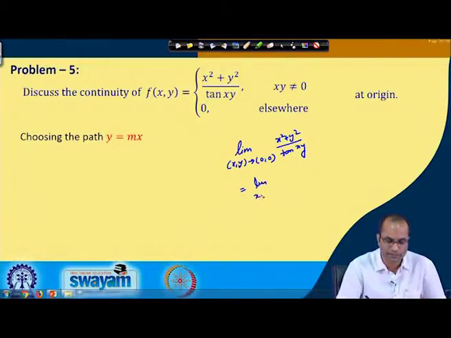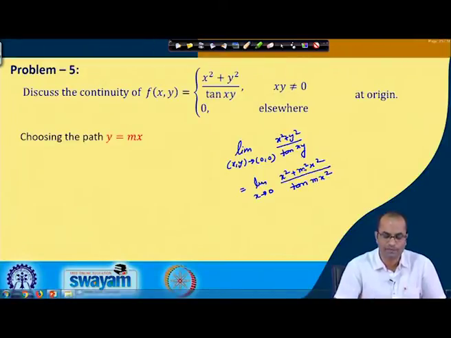So we take the limit x goes to 0, and here we will have x square plus m square x square, and then 10 m x square, since y is m x. Now when x goes to 0, we are getting 0 in the numerator and also 0 in the denominator. So it is a 0 by 0 case, and this is a one variable limit now, so we can use L'Hopital.